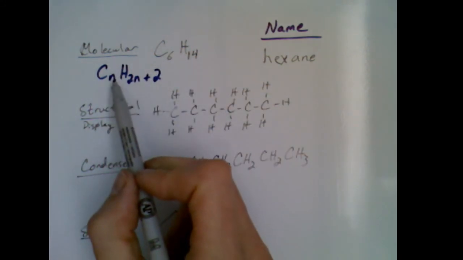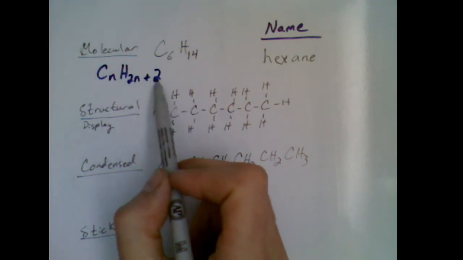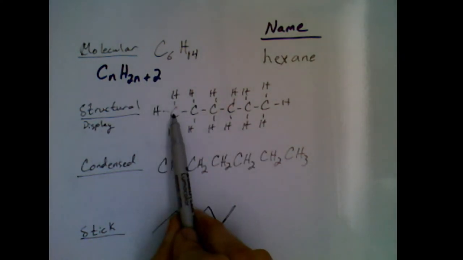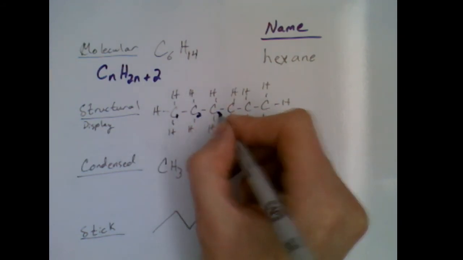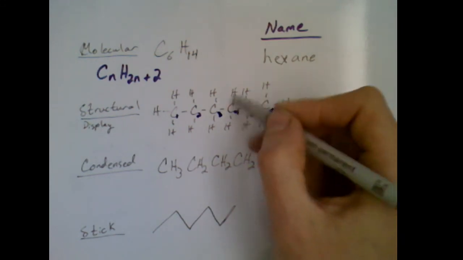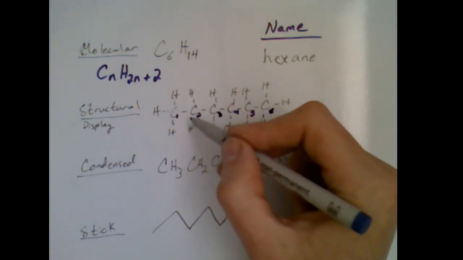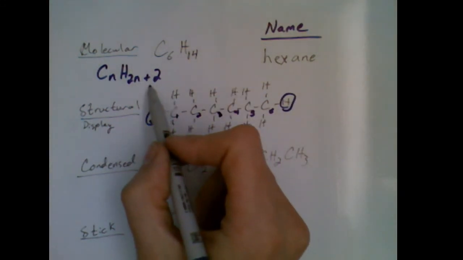So what that means is however many carbons there are, twice as many hydrogens plus 2, which hopefully makes sense because if we count up our carbons, we have 1, 2, 3, 4, 5, and 6. Each of them has 2 hydrogens attached, top and bottom, plus you have the hydrogens at the ends, which is why we have the plus 2.